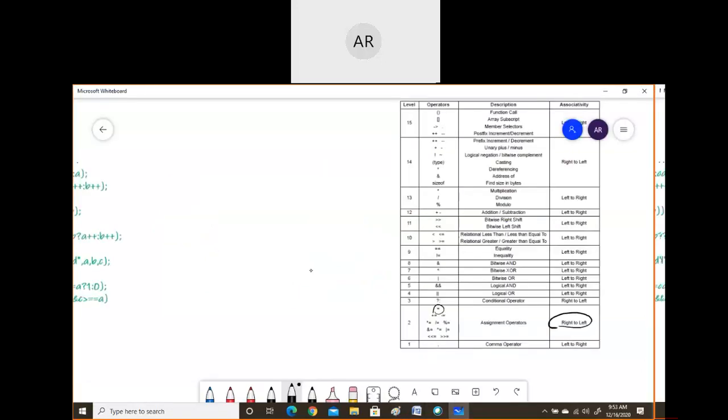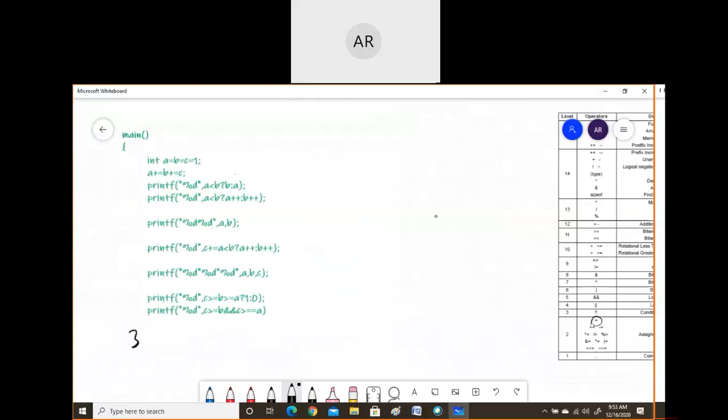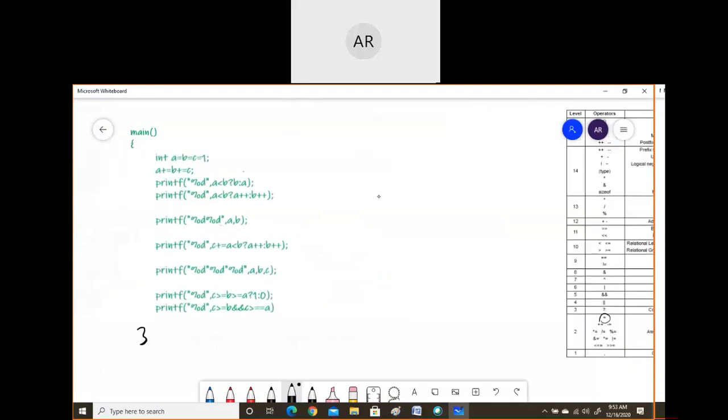In the same way we can try to understand all the printf statements, right? So this is line number 1. In line number 1, A is equal to 1, B is equal to 1, and C is equal to 1, right? So we hope in line number 1 there is no problem.